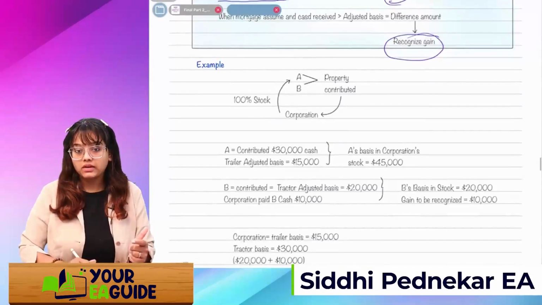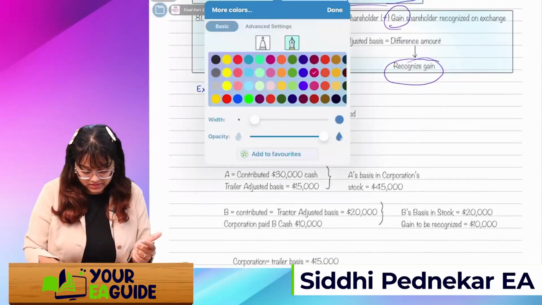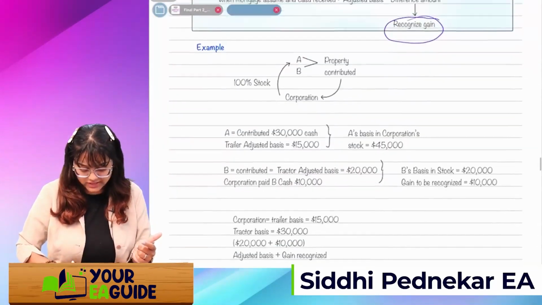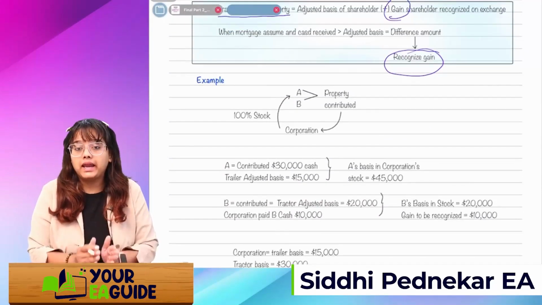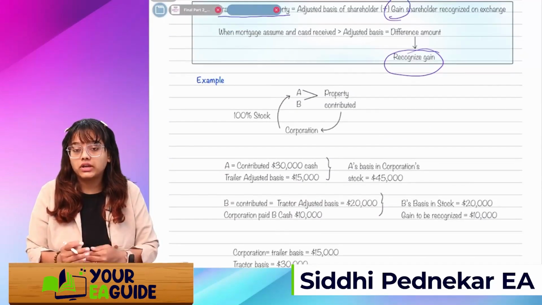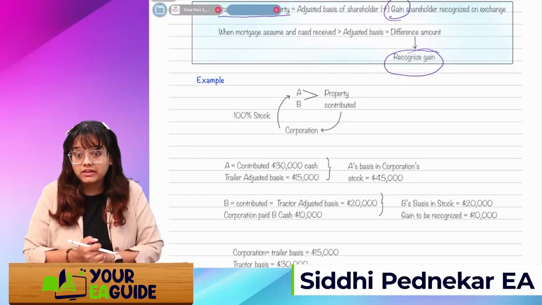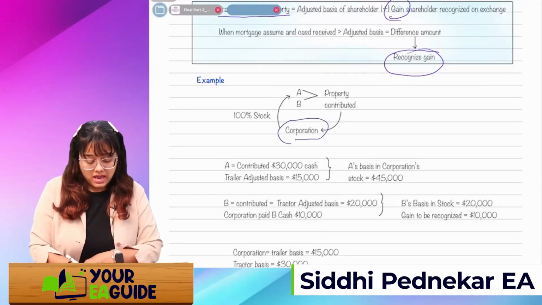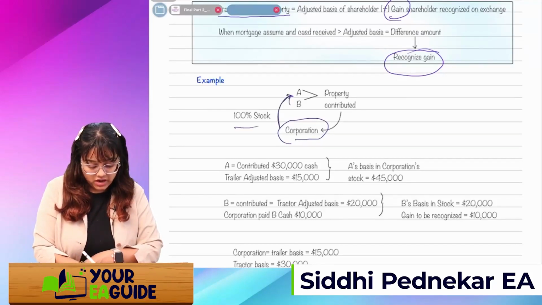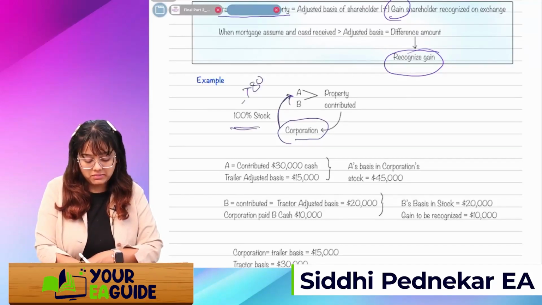Okay, let's look at some examples to understand it very well. For example, A and B are two shareholders. They have contributed a property to a corporation against which they have received 100% stock. Is it more than 80%? Yes.